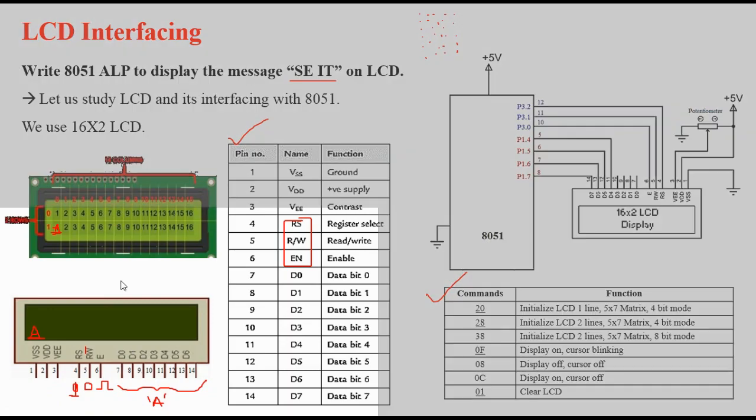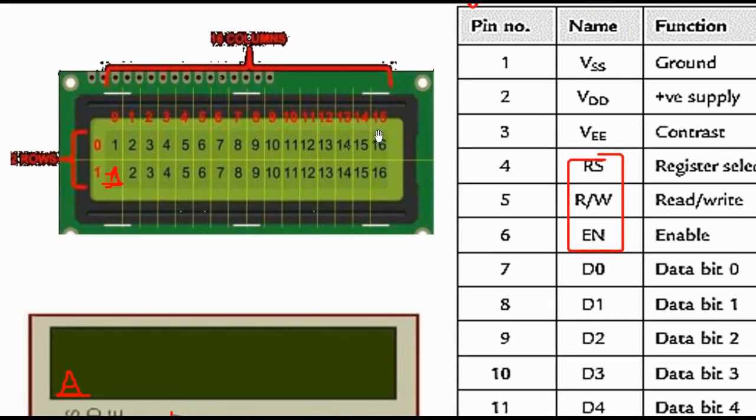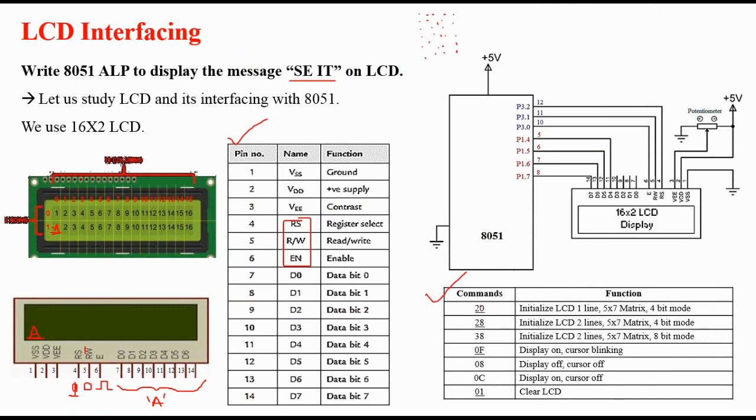If you observe carefully over here, you can see the blackish area. This blackish area contains the LCD dots, which form the 5x7 dotted matrix on which the character gets displayed. So that's why it is a 5x7 matrix.